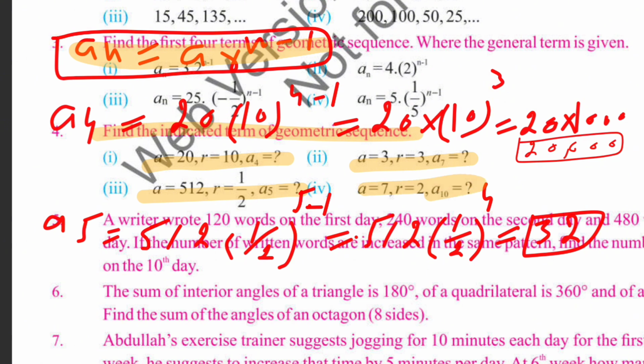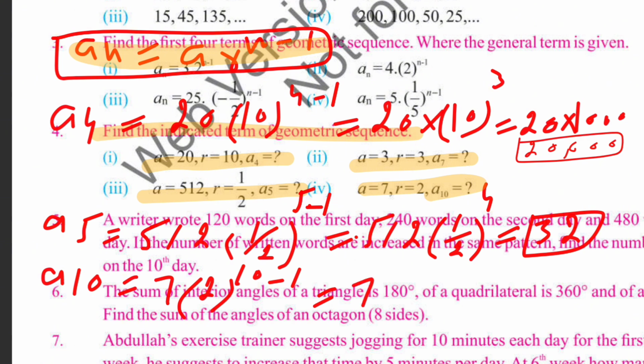This part we are given A10, we find here the last term A10. A10 is equal to A, also given 7, and R is equal to 2, and N is 10 minus 1.